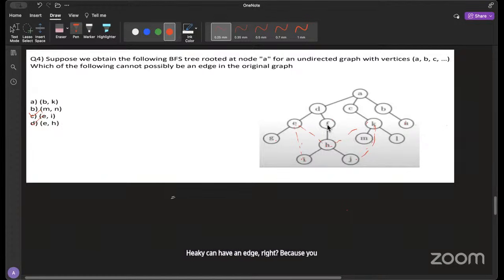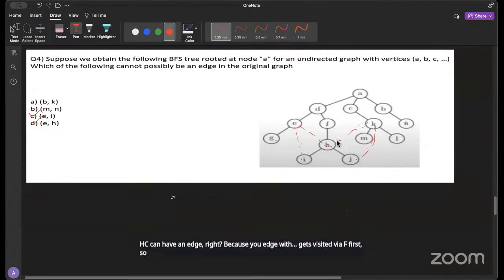Because H gets visited via F first, so H and K can have an edge.